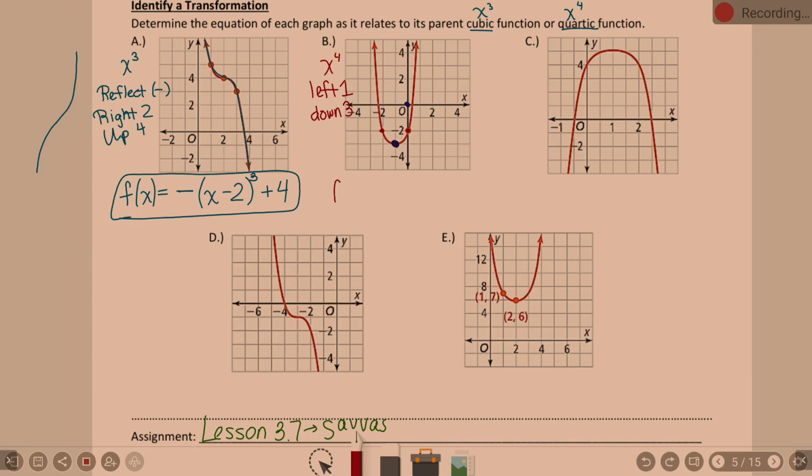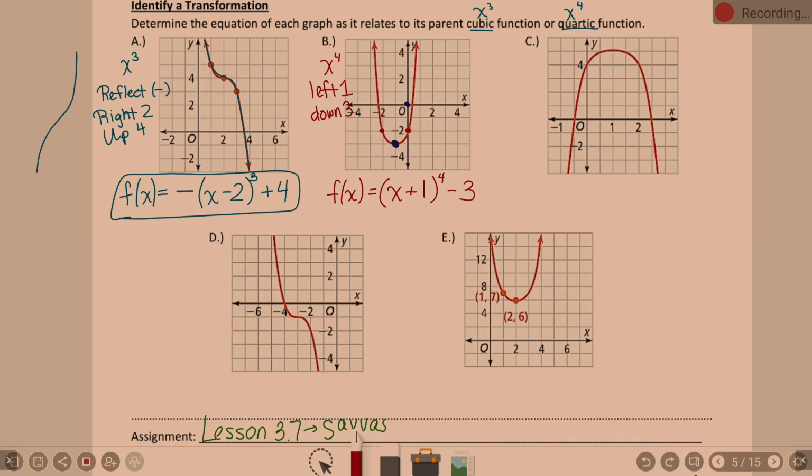I'll start us off with f of x equals. What do you want to do? Is it like f of x equals x plus 1 in parentheses with the fourth on it outside the parentheses minus 3?